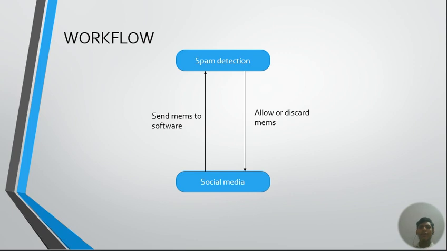If I install this spam detection program, then when you upload or post on social media, it automatically activates and detects the images and memes, and the software detector decides which is good or not good, and according to that the spam detection program will allow or discard the memes.